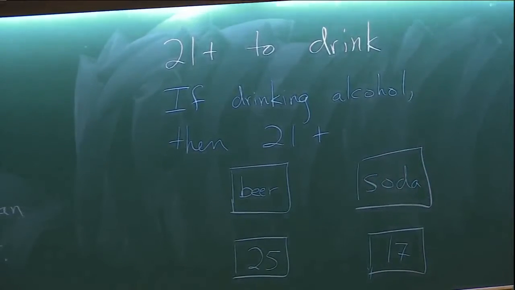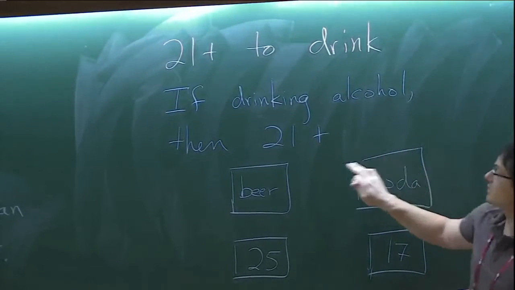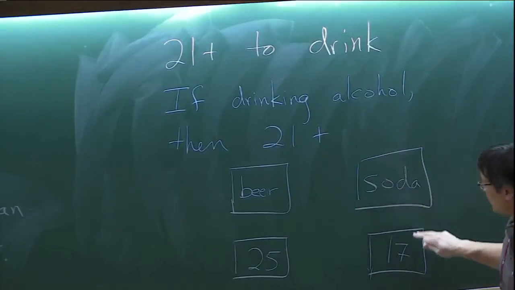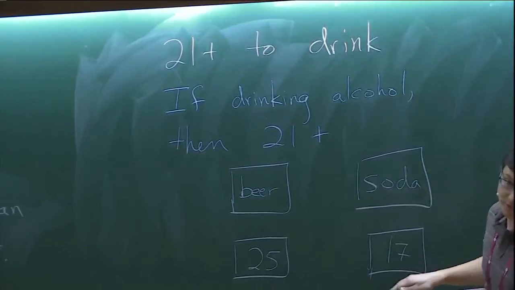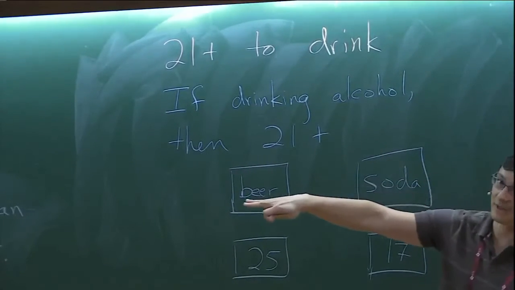It's sort of a family-ish bar, so it's okay to be there in principle, you just have to watch what you drink. The question for you as the cop is: do I need to check these 2 individuals' IDs? Do I need to check what these 2 individuals are drinking? And it's logically identical to the card problem.